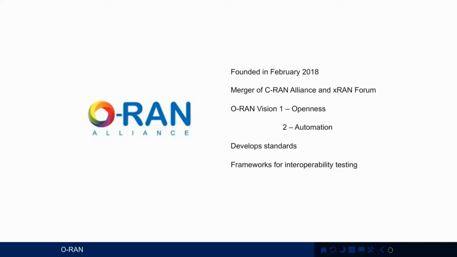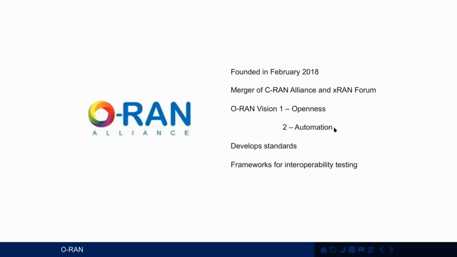Vision 1 is looking at openness, and openness is referring to open interfaces that will actually enable multi-vendor deployments. And this should then create a more competitive and vibrant supplier ecosystem. So we're going to be using open source software and hardware reference devices that will actually enable faster and permissionless creativity. Those are words taken really from the ORAN Alliance website.